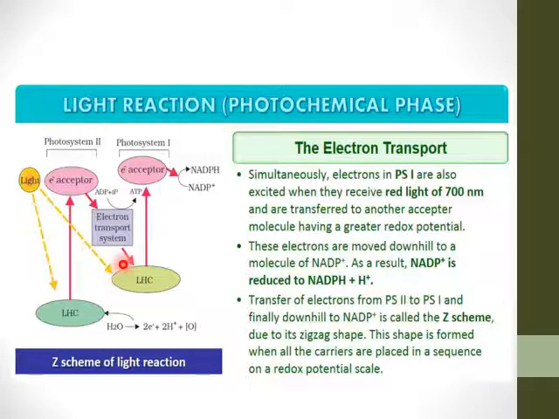This shape is formed when all the carriers are placed in sequence on the redox potential scale. So here the electron transport system, as we have discussed in our respiration, they are placed as they are having the redox potential scale.